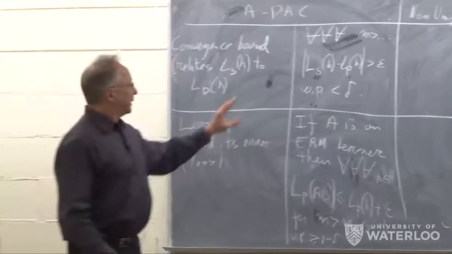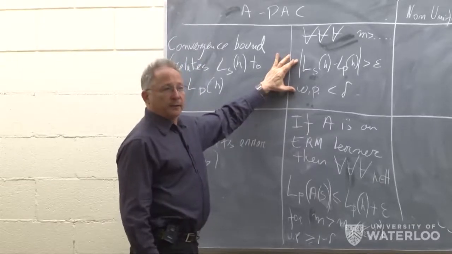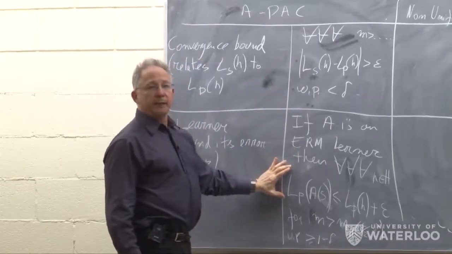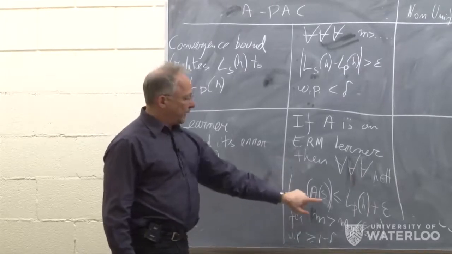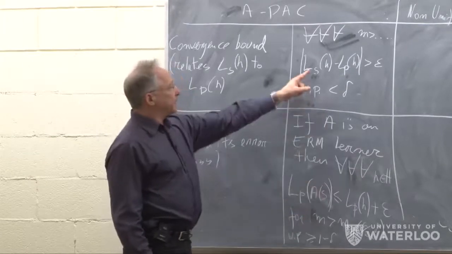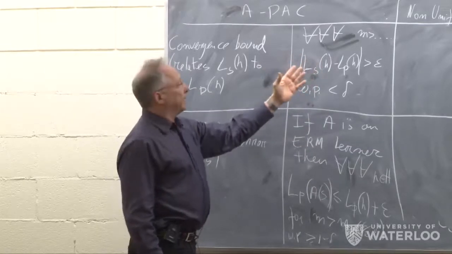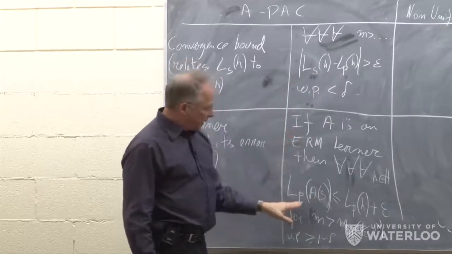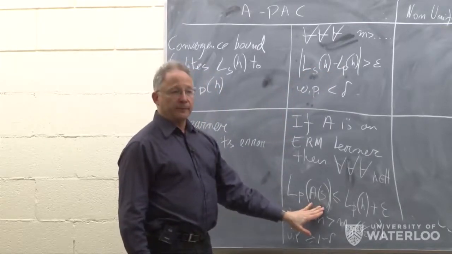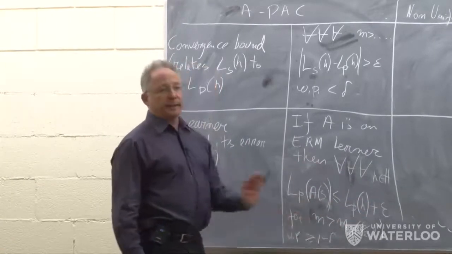One was a completely statistical, uniform convergence result, and then the conclusion was about the behavior of an algorithm: this is the error of what the algorithm chooses. Since we had an algorithm with this behavior, we knew the class is learnable.